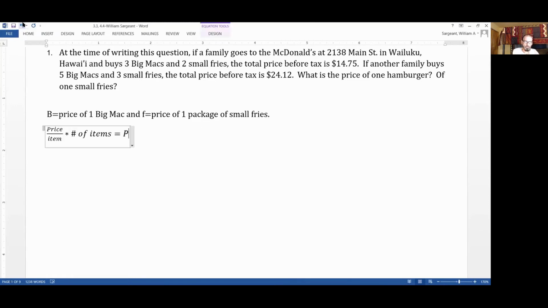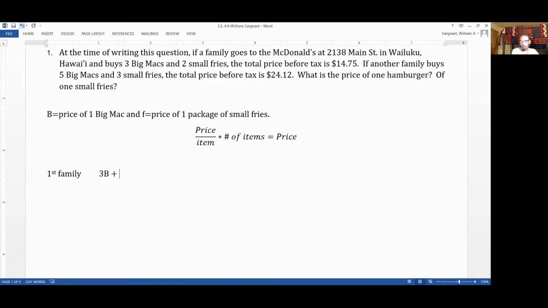So for the first family, we have 3B being how much they're paying before tax for the 3 Big Macs, and 2F, the price they're paying before taxes on the small fries, for a total of, what was it, $14.75.